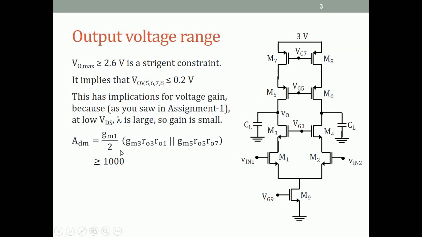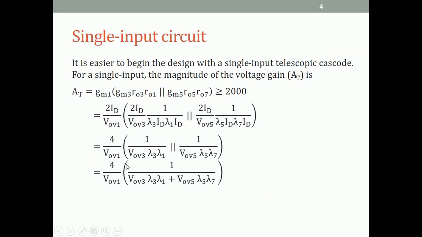This is in the differential mode, so the source node of M1 M2 will be at virtual ground, and this has to be greater than 1000. Now it is easier to begin this design by first considering a single input telescopic cascode and then taking these values to the differential cascode.